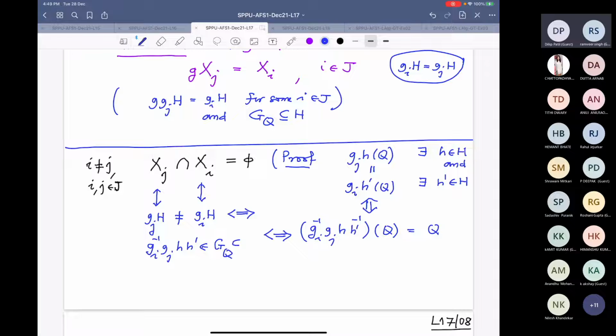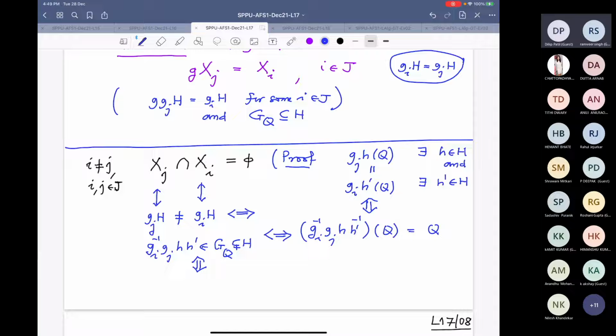And GQ is contained in H, which is given. But now again I do the same thing. This is in H, therefore this is equivalent to saying this belongs to H.